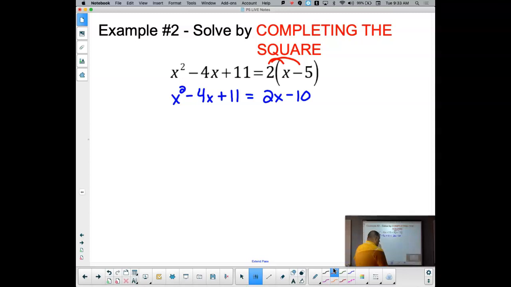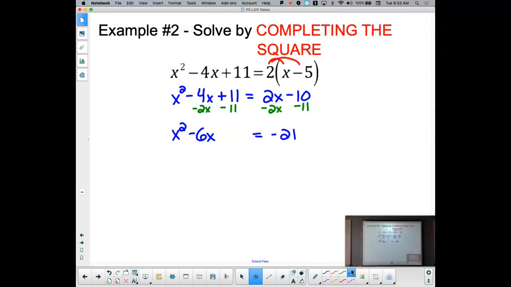And now I am going to subtract 2x from both sides, and I'm going to subtract 11 from both sides. Because what that does is give me x squared minus 6x on this side. I'm going to leave this gap where the 11 was, and that's also going to give me negative 21.